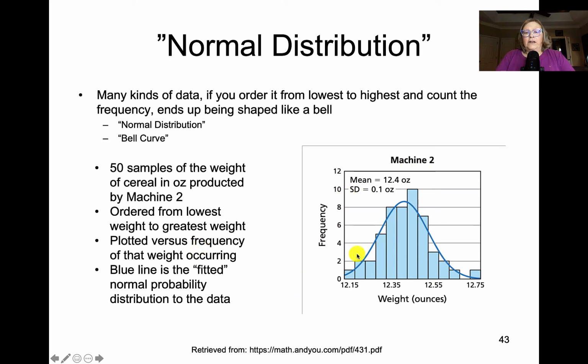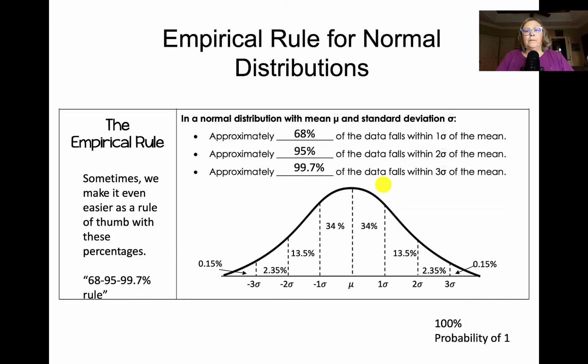All right, so things to notice about it. The average or mean is 12.4. That's right in here. And the standard deviation is only 0.1. And so almost all the data, 68%, as we'll see in a minute, happens between 12.3 and 12.5 ounces. That brings us to one of the really important rules about normal distributions and why they're important.